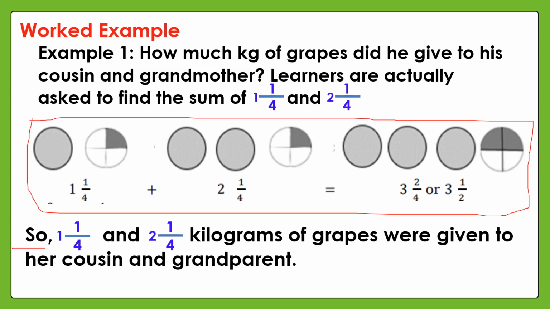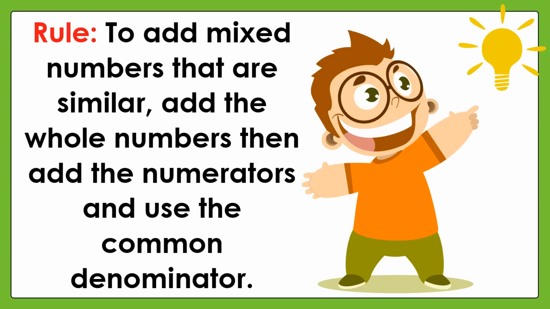So, 1 1/4 and 2 1/4 kilograms of grapes were given to her cousin and grandparent. Rule: to add mixed numbers that are similar, add the whole numbers, then add the numerators and use the common denominators.